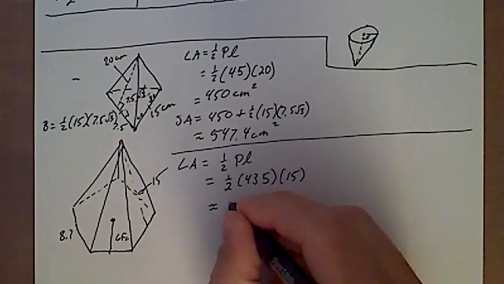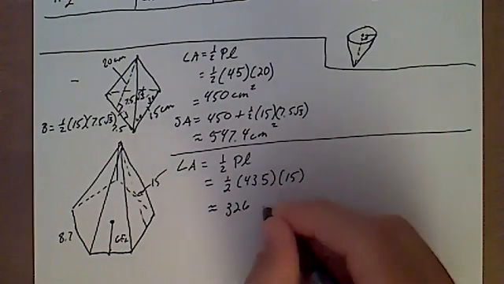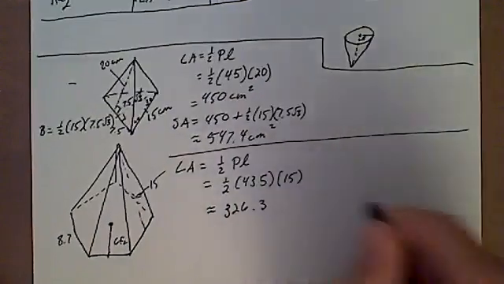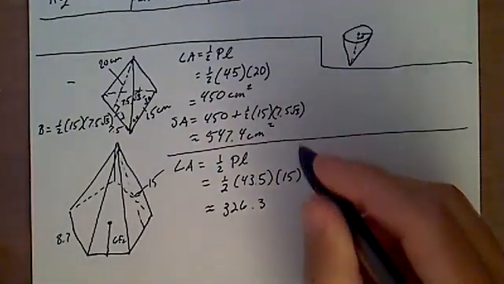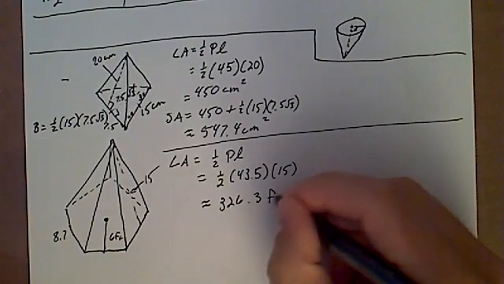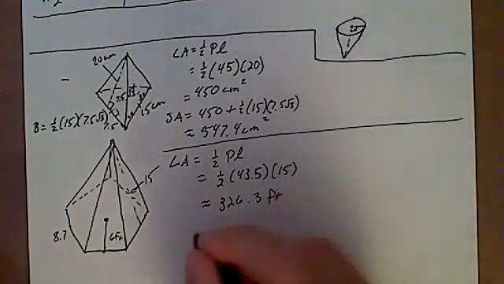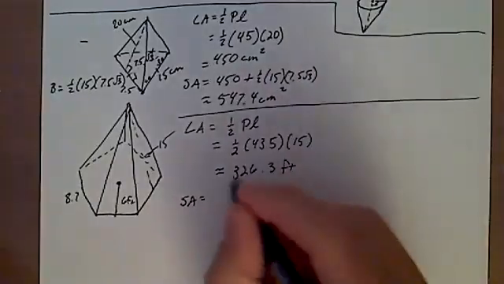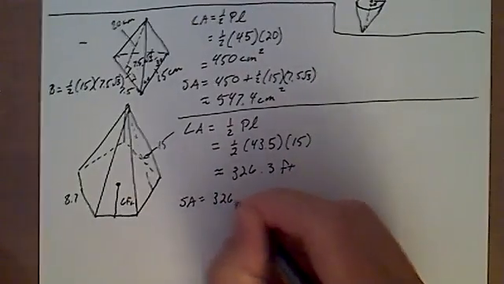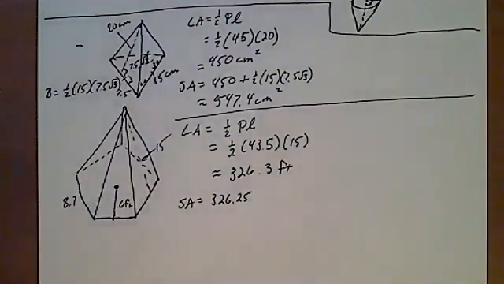Gives us about 326.25, but we're going to round up to 326.3 here because we're just going to go to the nearest tenth. But when we come back for surface area, if it's that close, going back and using the actual value is probably better.